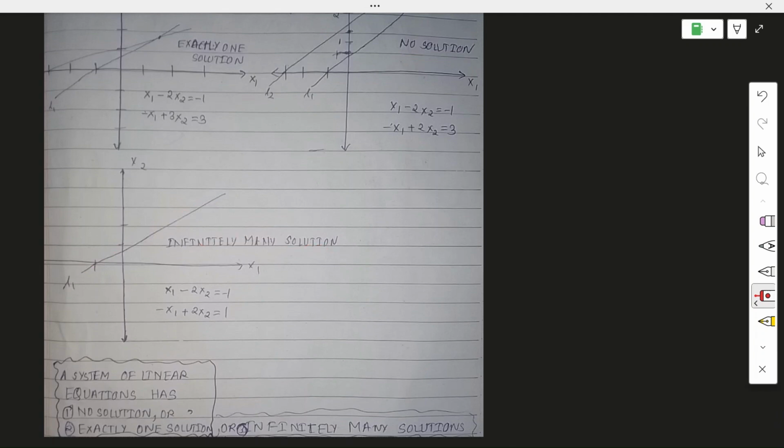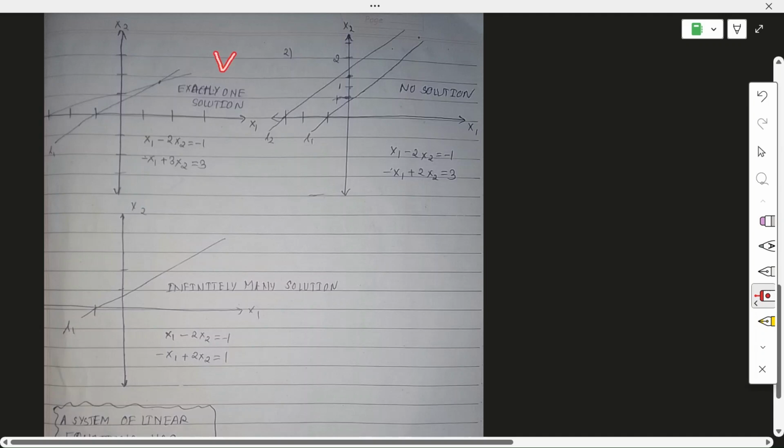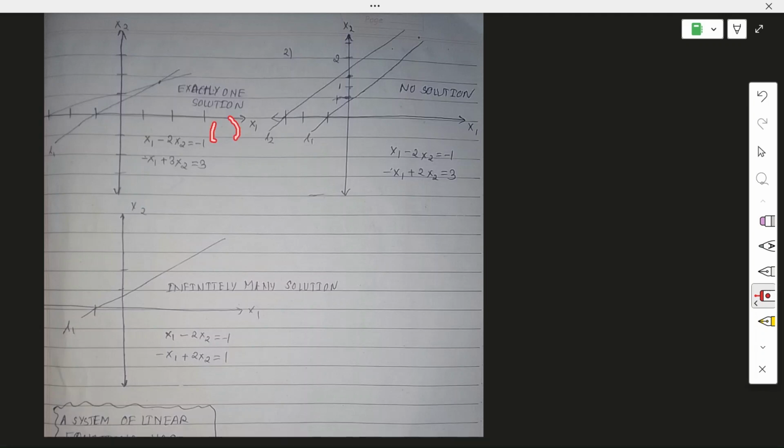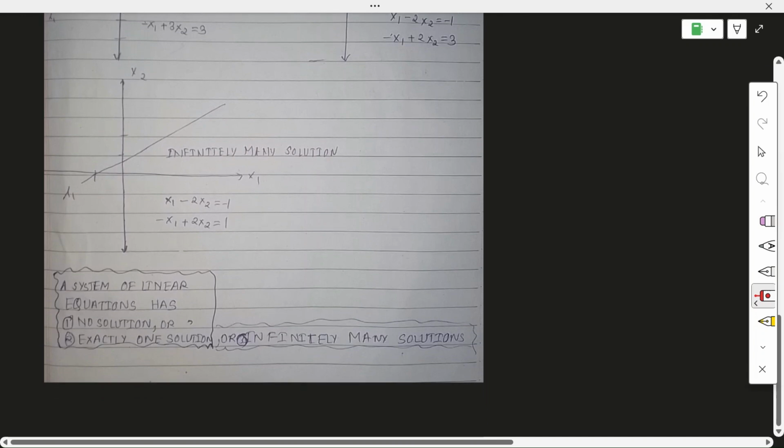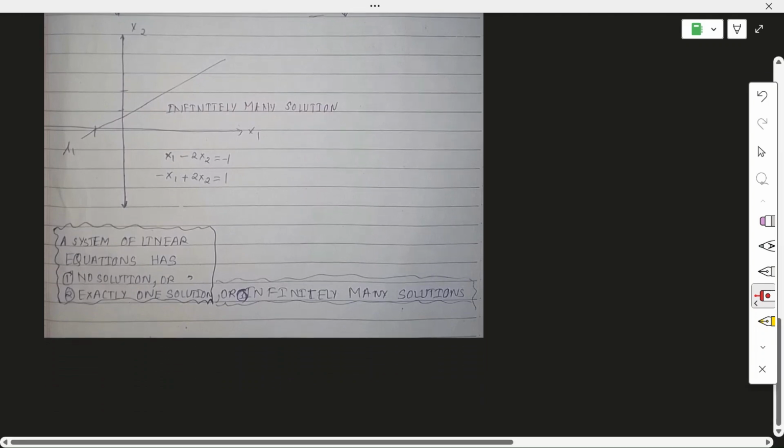Now, the possibilities for the solution set: if there is exactly one solution, the solution set has one solution. If there is no solution, the solution set is empty. If there are many solutions, like overlapping lines, the solution set is infinite. A system of linear equations has no solution, exactly one solution, or infinitely many solutions.